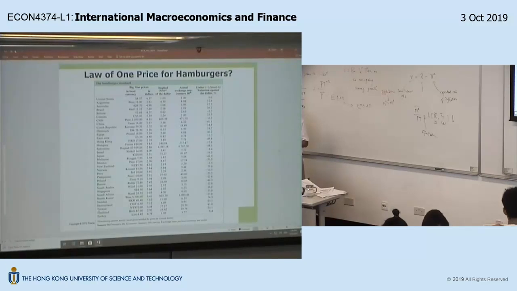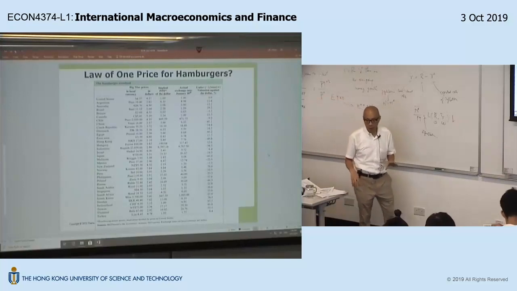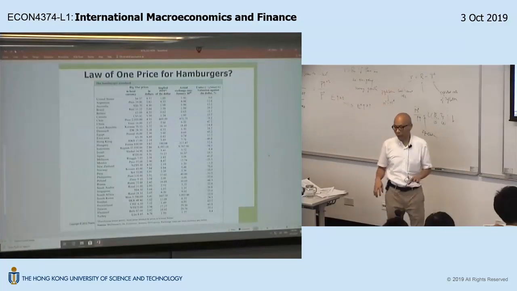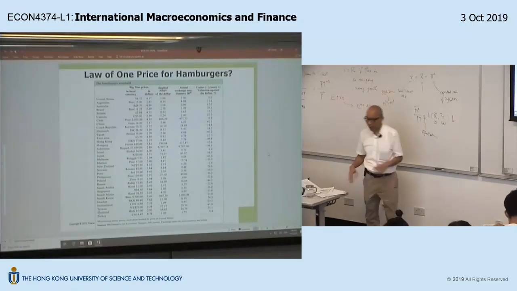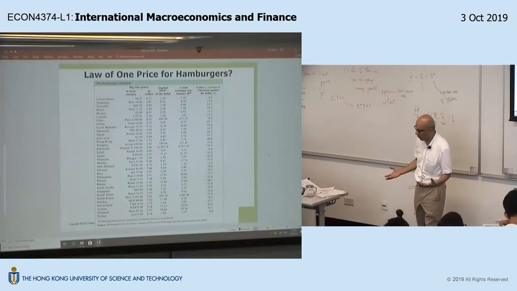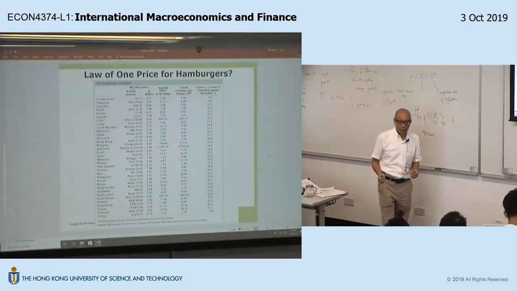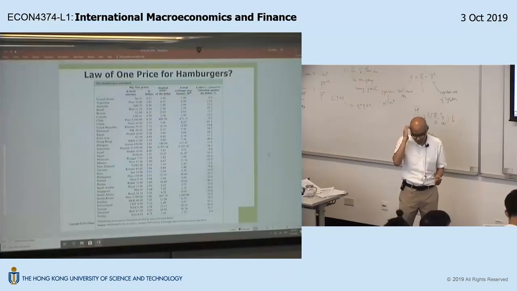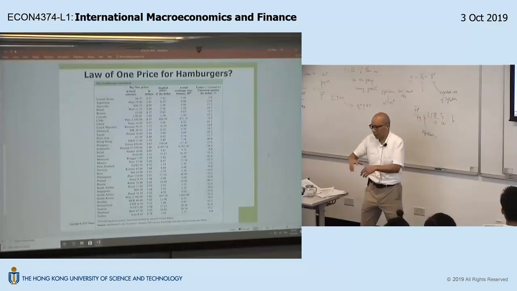But then people will say, okay, suppose I don't believe in the law of one price for every good, because some goods are simply not arbitrageable, the transport cost is expensive or something. But how about the overall basket of goods?